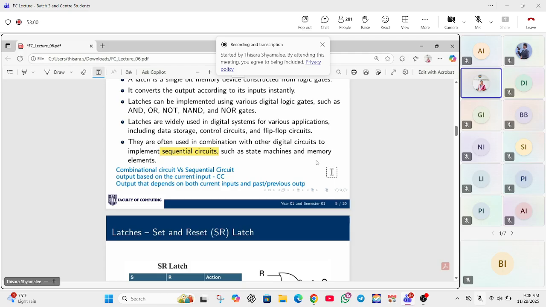Whatever we input to that logic circuit, depending on that input, it generates the output. But sequential circuits depend on the current input as well as the previous one.